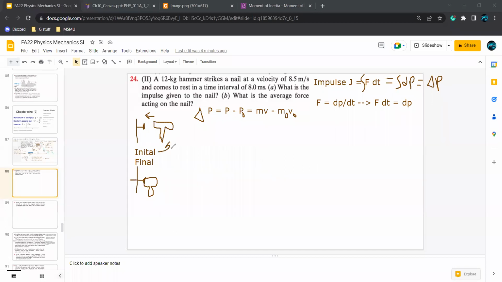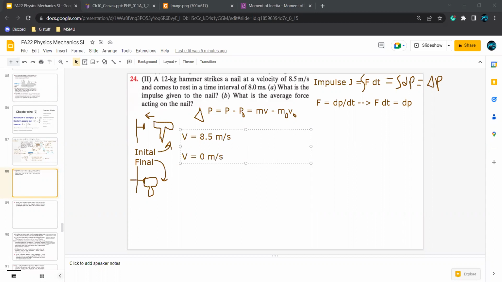This is the initial position, and this is the final. So in the initial, we have the V of hammer equal to 8.5 meters per second, while V of nail is equal to 0 meters per second.